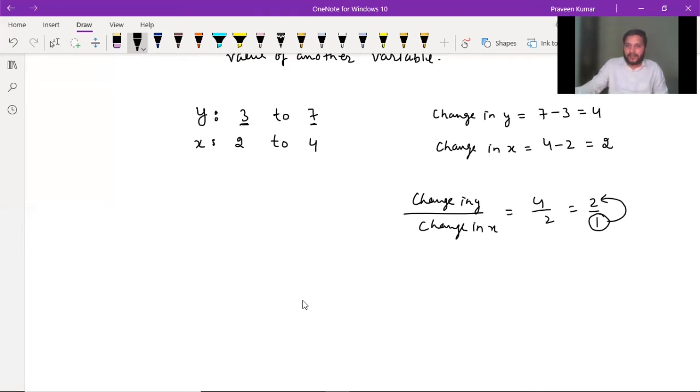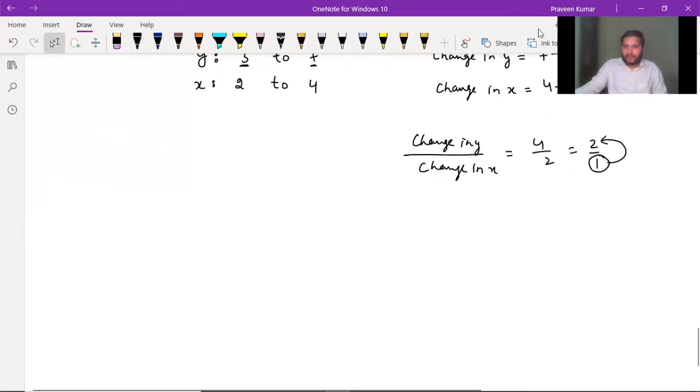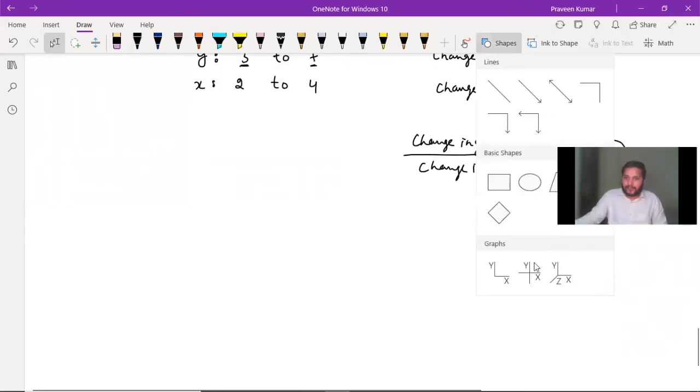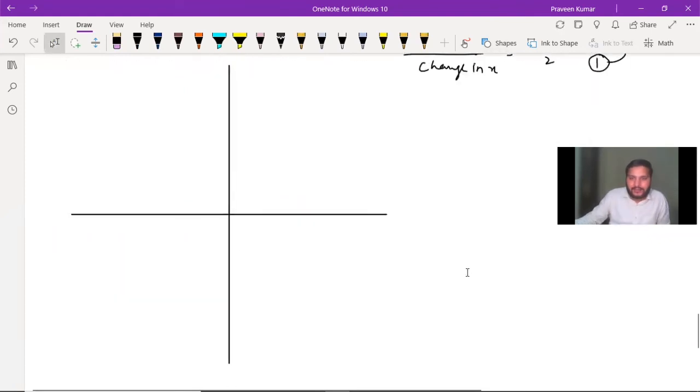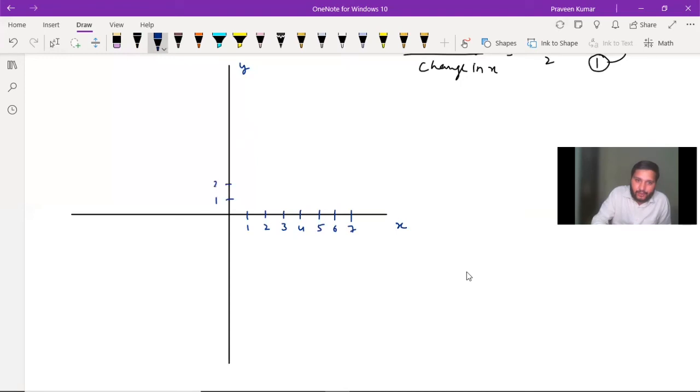Can I say? Let us plot this on the graph. Say we have this Cartesian plane. This is my y-axis, this is my x-axis. So x: 1, 2, 3, 4, 5, 6, 7, and y: 1, 2, 3, 4, 5, 6, 7, and 8.